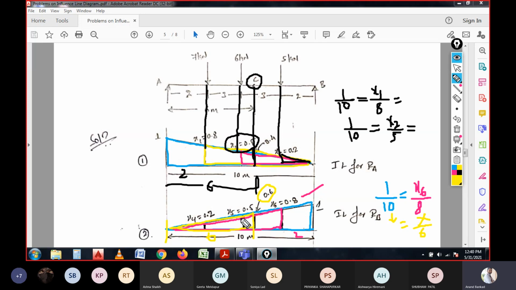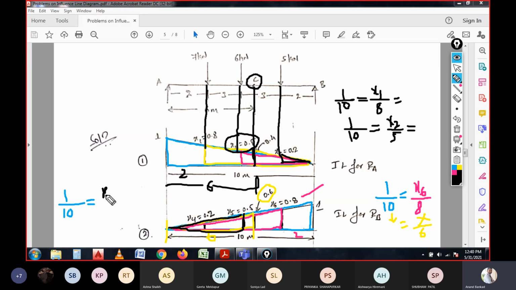And similarly, if you consider the triangle of this one, so I could write with this diagram. Now for this, I can write over here, for the large similar triangle, 1 by 10 I am considering, which I am equating to the triangle for which I need to get the value of x5.